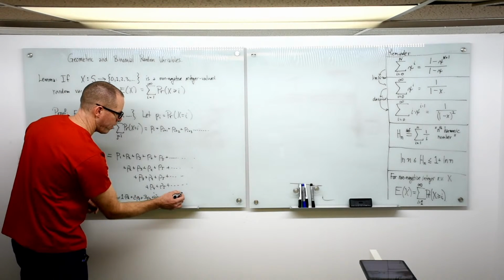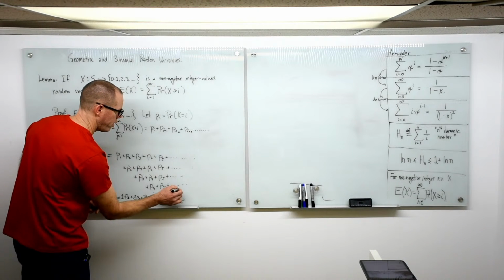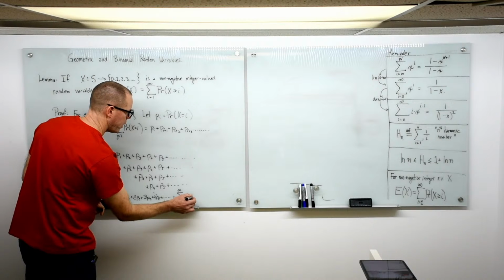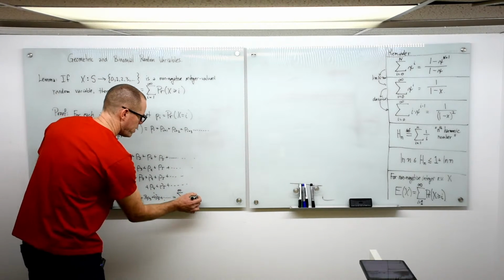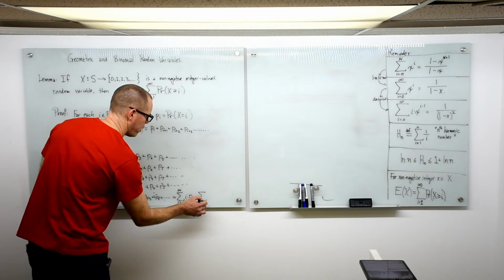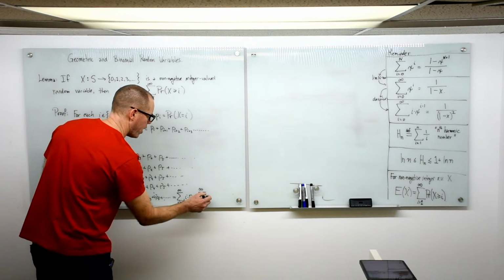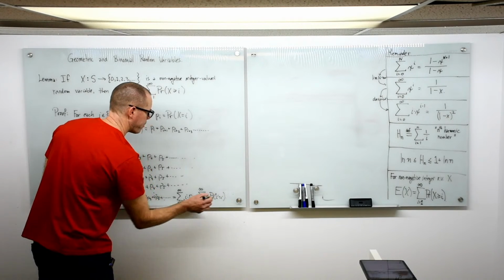So if we write that out as the infinite sum, we're getting the sum over i from 1 to infinity of i times p_i. The definition of p_i was that it's just the probability that X equals i.